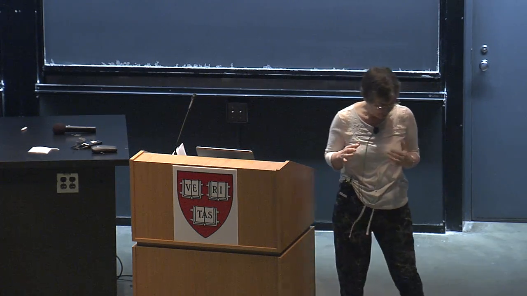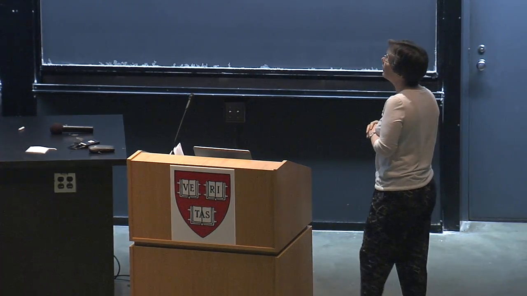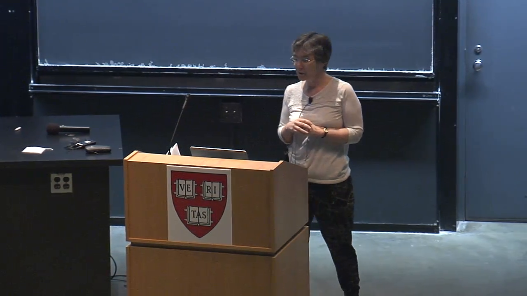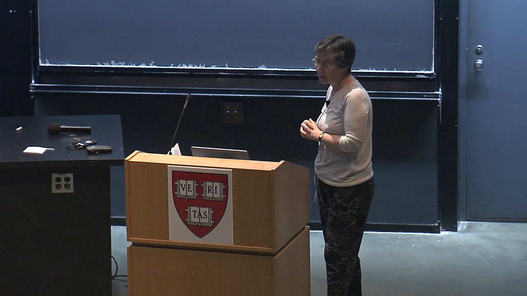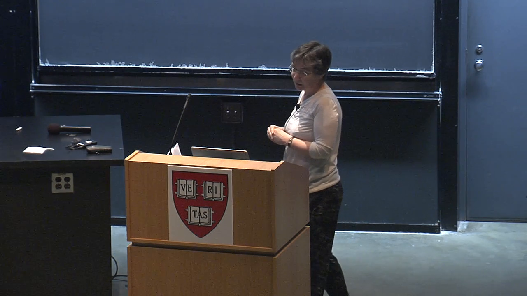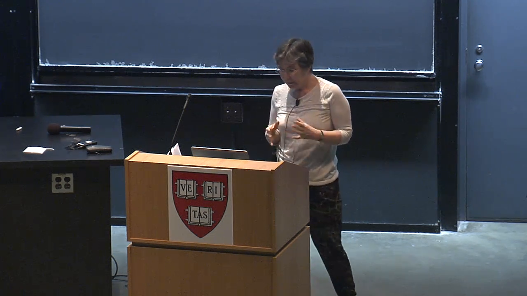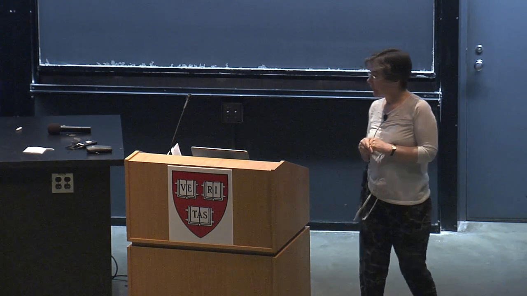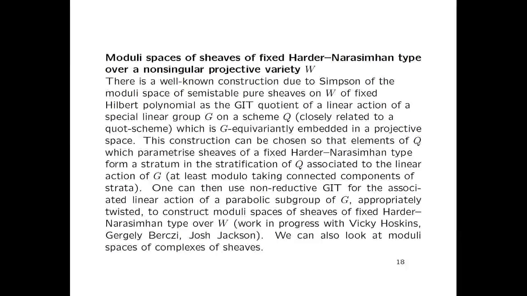If you're interested in looking at sheaves of fixed Harder-Narasimhan type over some fixed non-singular projective variety, then there is a very well-known construction, back in the early 90s, I think, by Carlos Simpson, of the moduli space of semi-stable pure sheaves on this non-singular projective variety W with fixed Hilbert polynomial as a GIT quotient by a linear action of a special linear group on a scheme which is closely related to a Quot scheme and G-equivariantly embedded in a projective space.